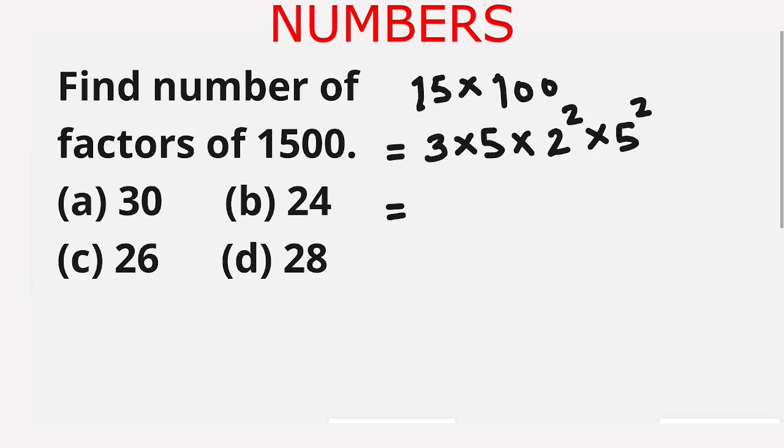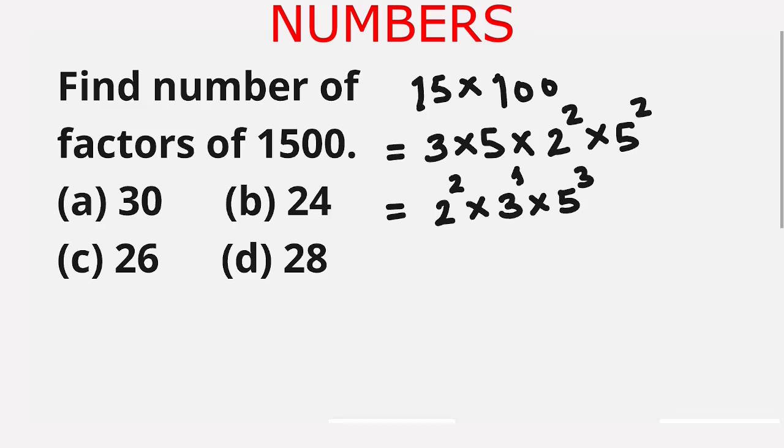Now this can be written as 2 to the power 2 multiplied by 3 to the power 1 multiplied by 5 to the power 3. This way we can easily find the prime factors of 1500.